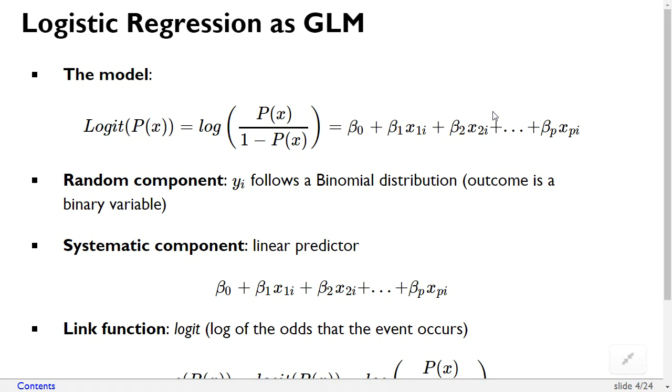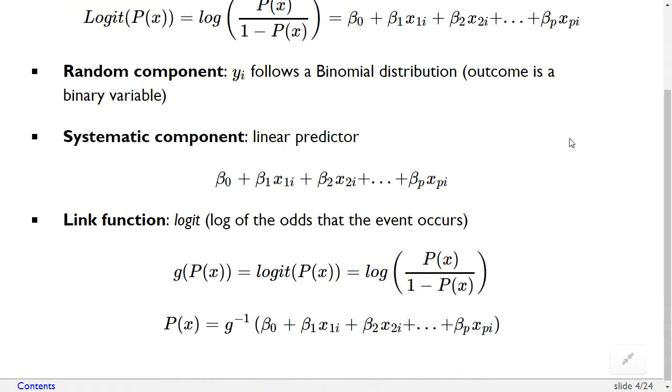The systematic component, of course, is always the same, the linear predictor. And in this case, for logistic regression, the link function is a logit function, which is the log odds for the event. So writing this out, g is the logit, so the logit of the probability of your event.